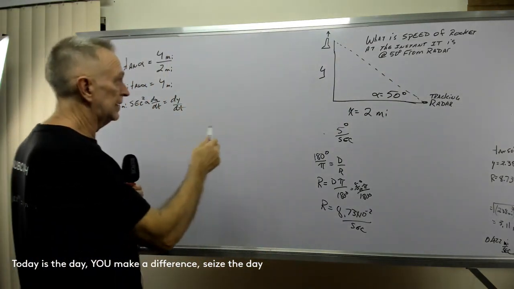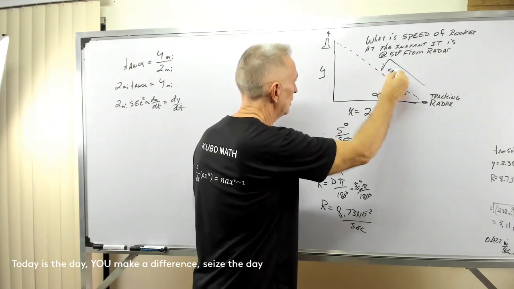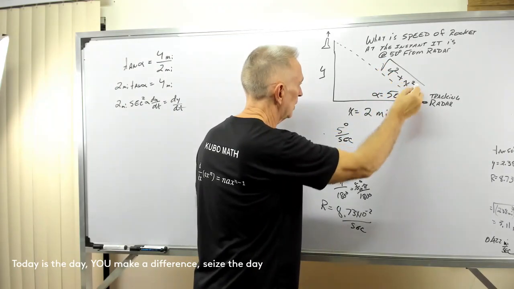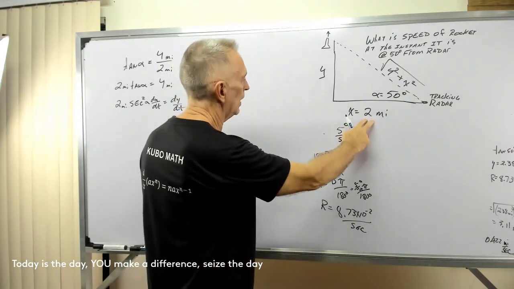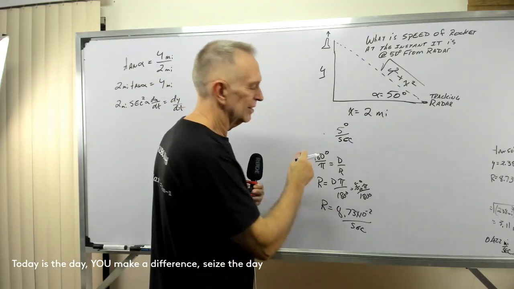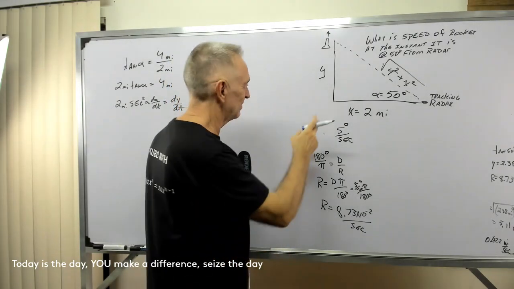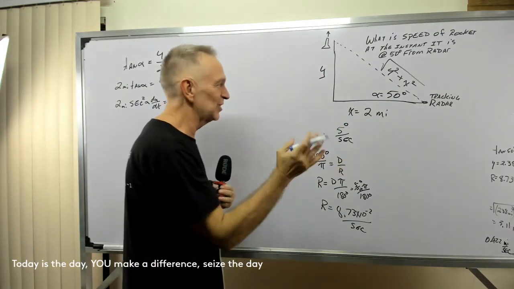In order to get that, which would be the square root of y squared plus x squared, well, we know x, but I don't know y. Okay, x was given.